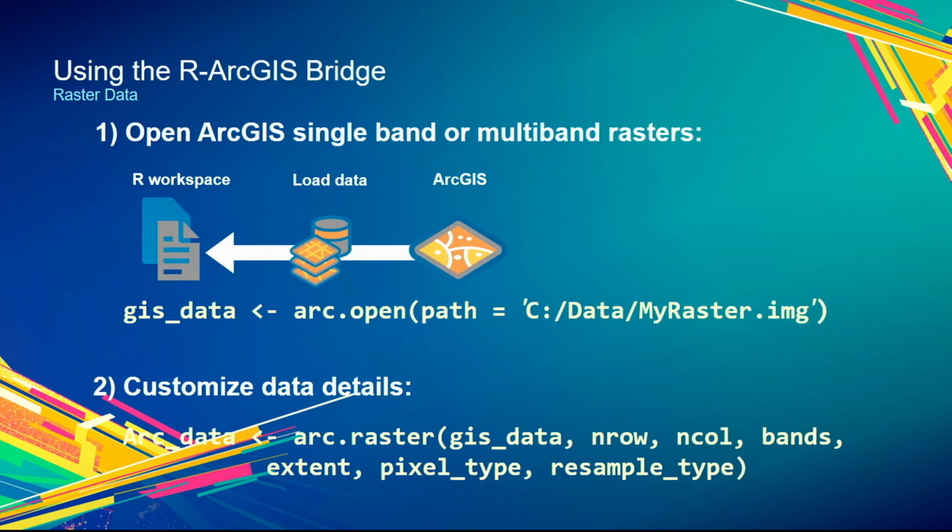You can clip based on a certain extent. You can say which pixel type you want. And if you are giving rows and columns that are different than the actual inherent raster is, then you can give the resample type, right? Because it's going to have to resample if the granularity isn't the same as the original data, right? You can also project these things on the fly.